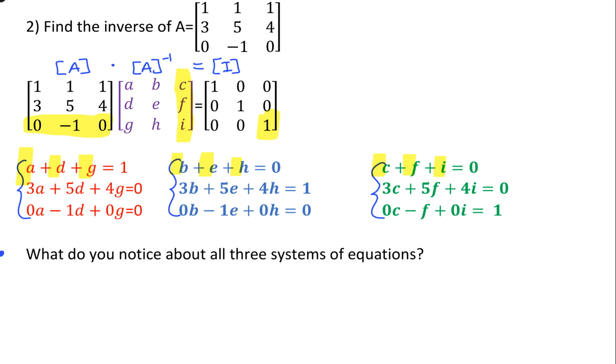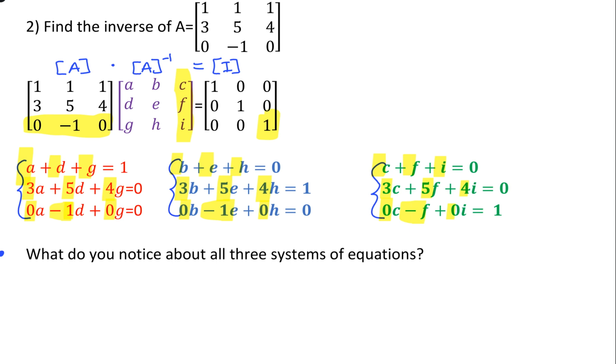For the second equation, we have 3, 5, 4 for coefficients, 3, 5, 4, and then 3, 5, 4. Finally, for the third row, we have 0, negative 1, 0, 0, negative 1, 0, and 0, negative 1, 0. So we can see that everything on the left is set up in the same manner.